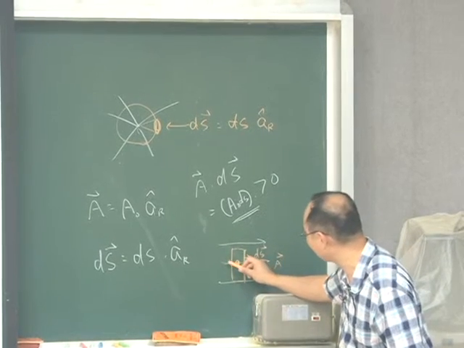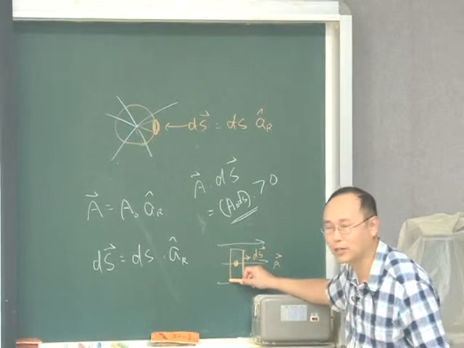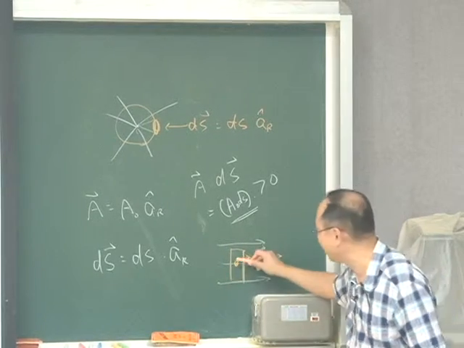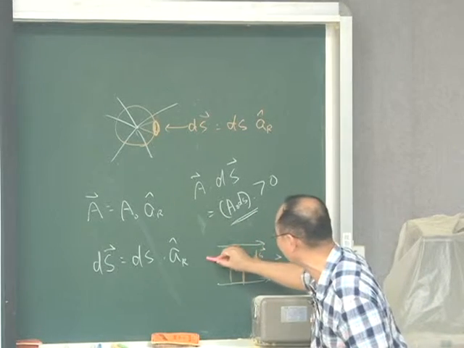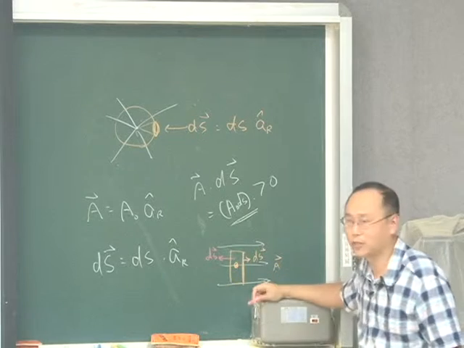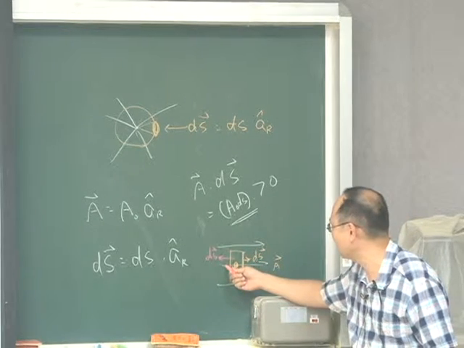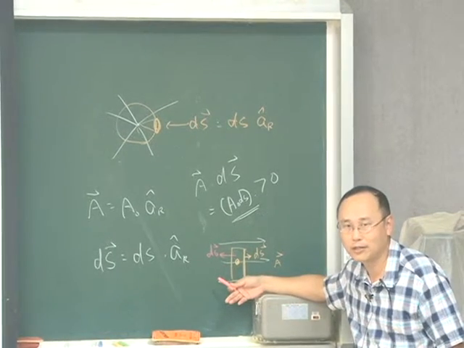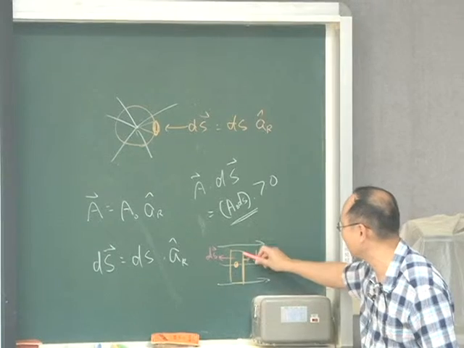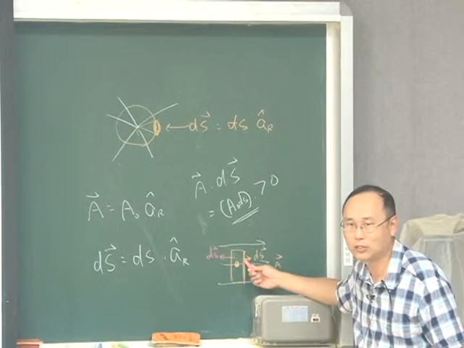But for the dot product right here, the definition of the surface direction is along the outward direction. So now you have a surface direction along the backward direction. So the dot product of this and this is going to be a negative value that will exactly cancel the integration from the other surface.